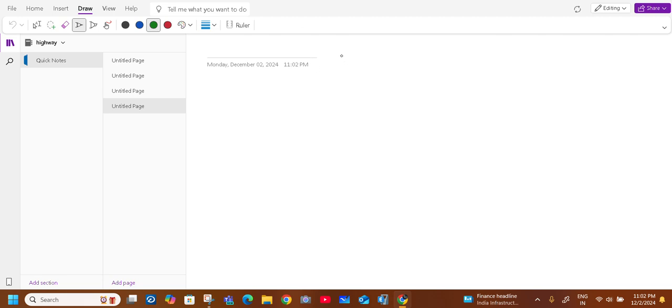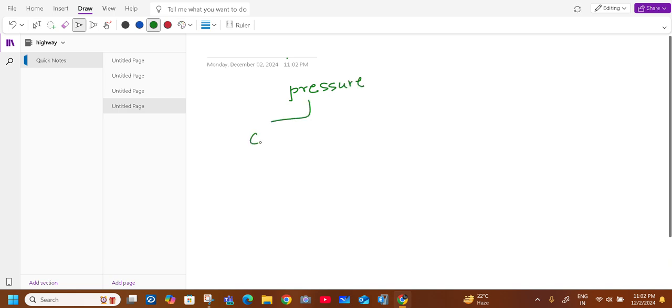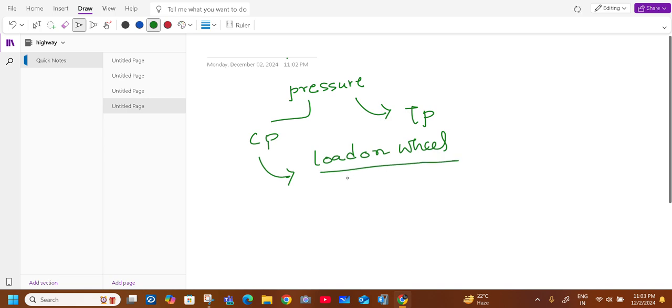There are two types of pressure: contact pressure and tire pressure. Contact pressure is load on wheel divided by area.